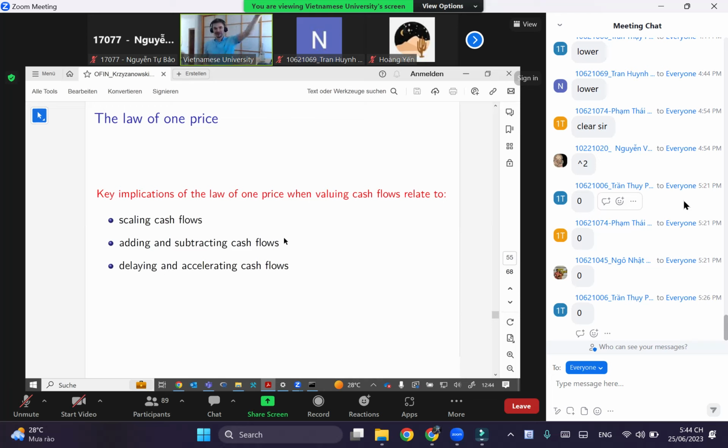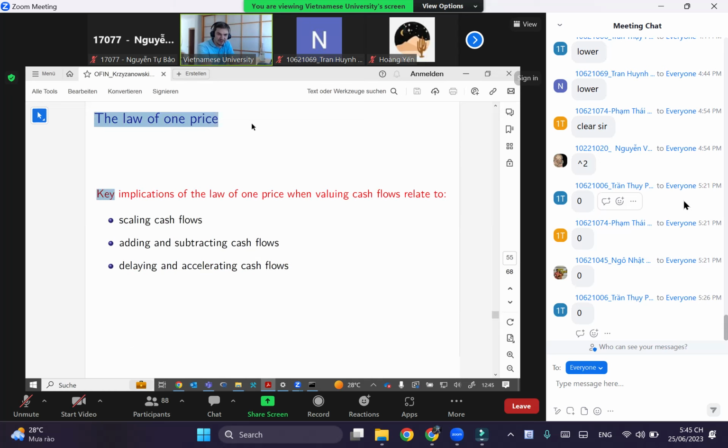So everything we learned today is also reflected in these law of one price considerations, and we will see this in some examples today. I think this closes the circle of argumentation and calculations we've conducted today from the perspective of investment projects in the context of the law of one price.